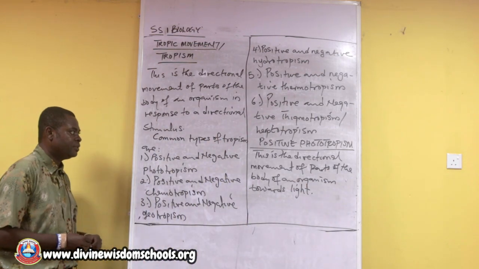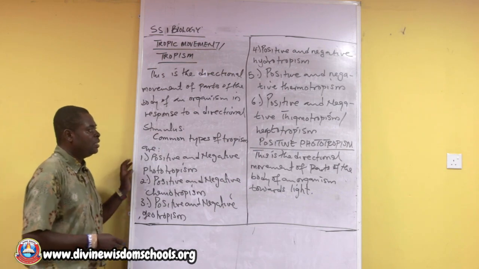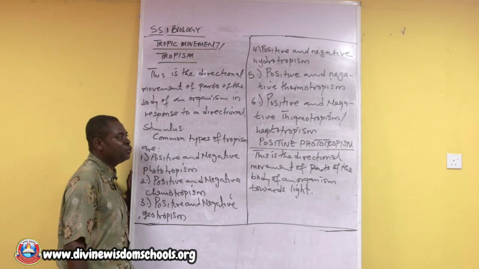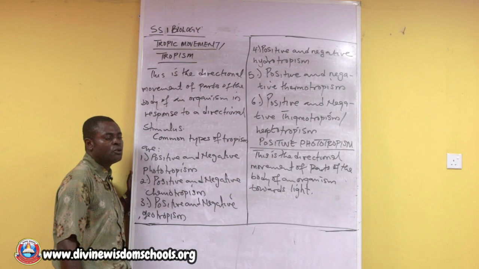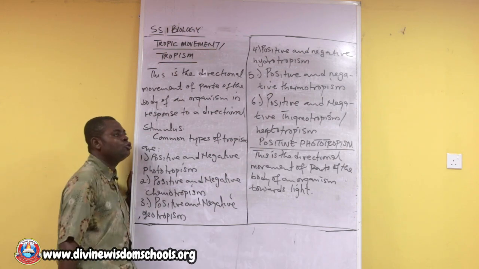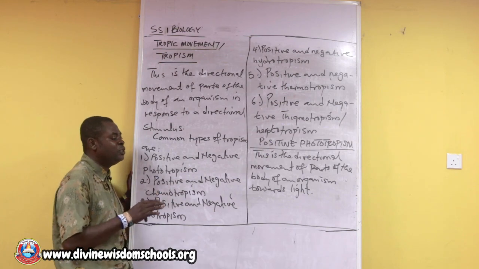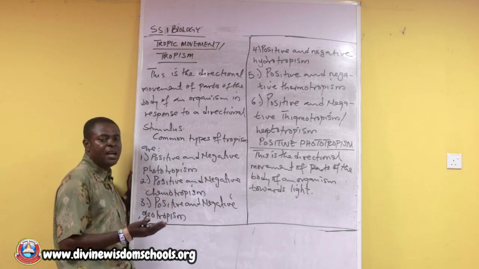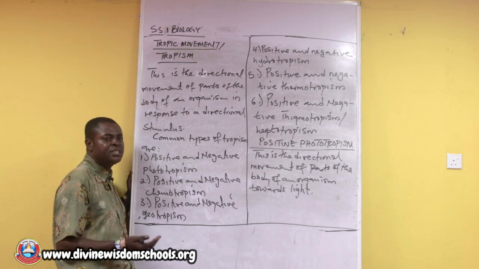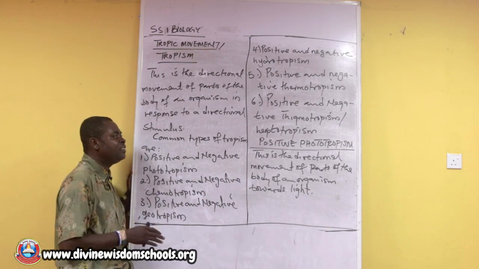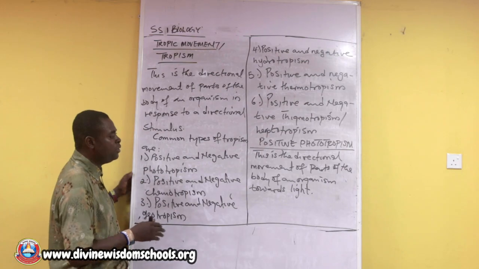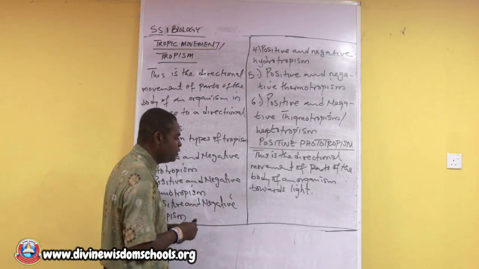So in plants, example of positive phototropism is the growth of the shoot of the plant towards the source of light. You can see that plants have the shoot system above the ground and the root system inside the ground. So the shoot system moves towards the source of light. That's positive phototropic movement or positive phototropism.